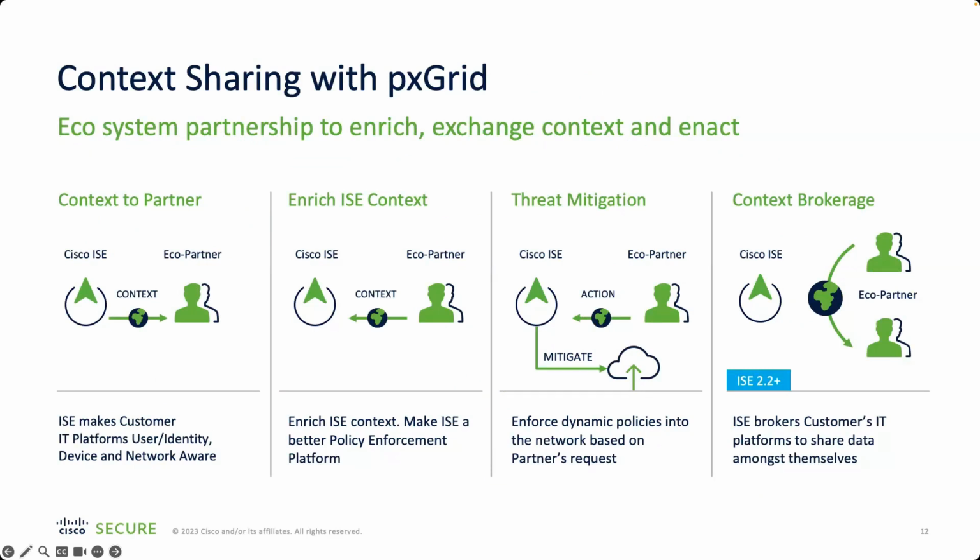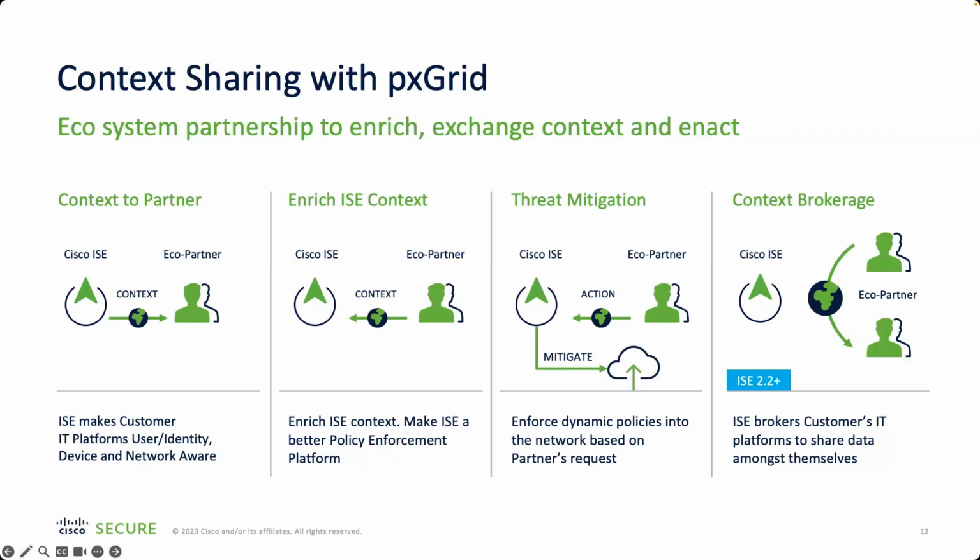In this whole demo, we can use pxGrid to integrate ISE with FMC. ISE is the only known controller of the pxGrid ecosystem. There could be other participants who can join the platform, but once the pxGrid platform is started, ISE can share the user context with the ecosystem partners.